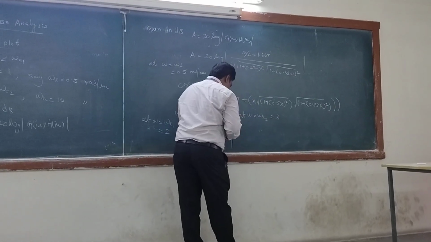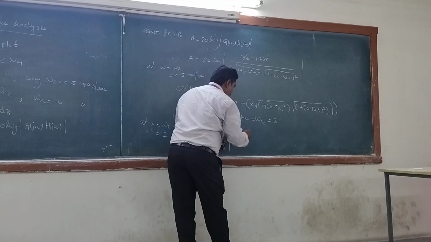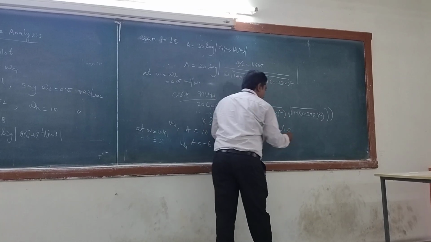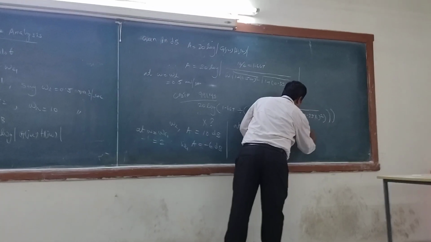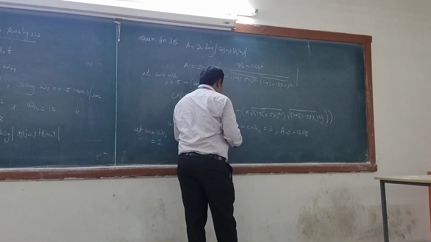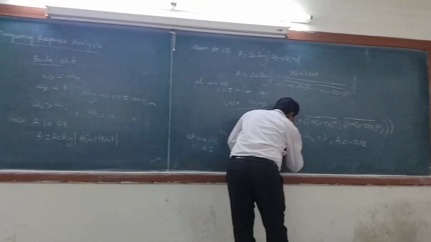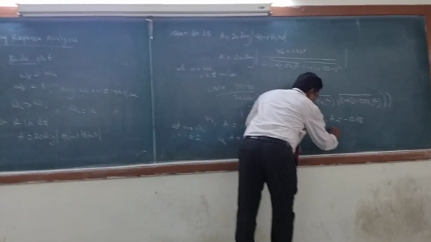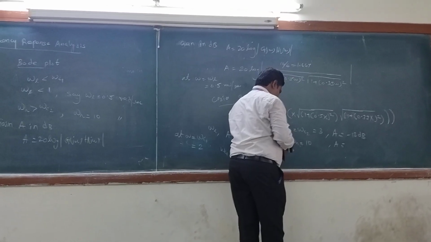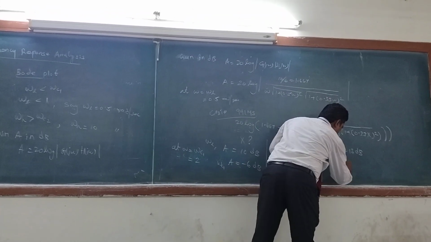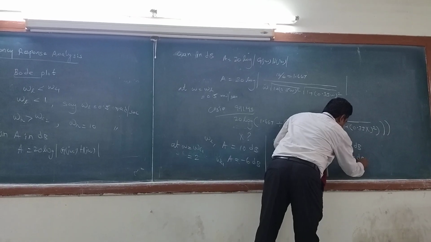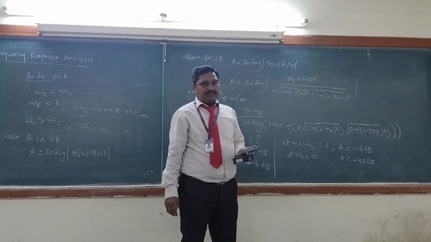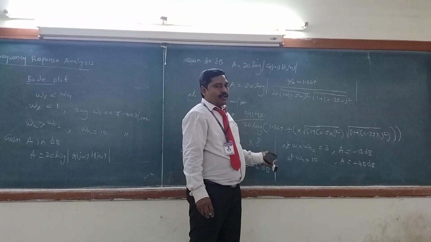Substituting 3, gain A is equal to minus 13 dB. Now we have taken the higher limit corner frequency omega h is equal to 10. For 10, it is minus 40 dB. So this is the gain in dB for various values of corner frequency.